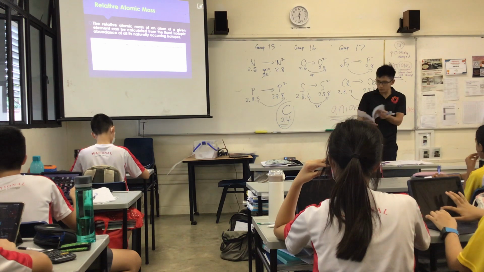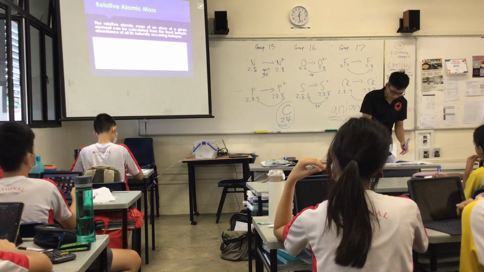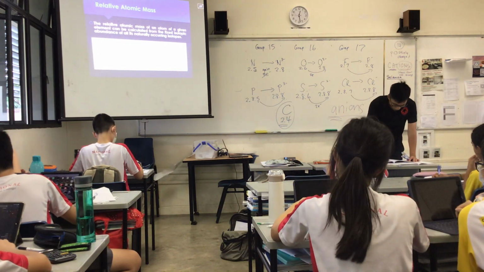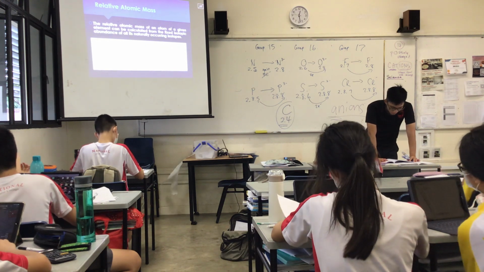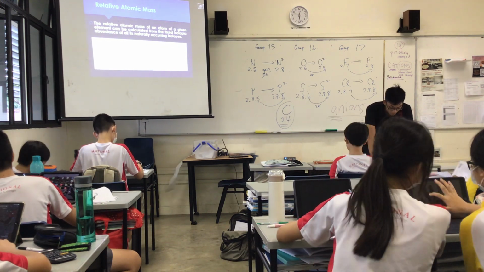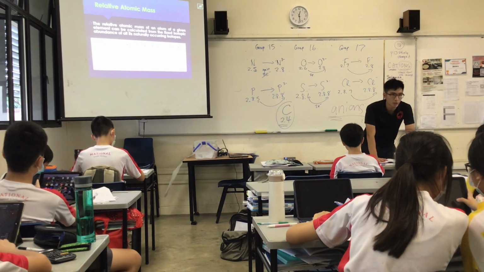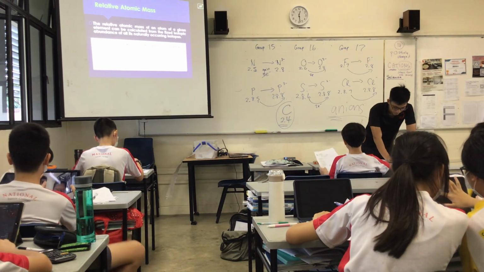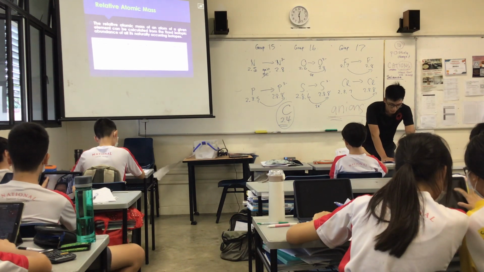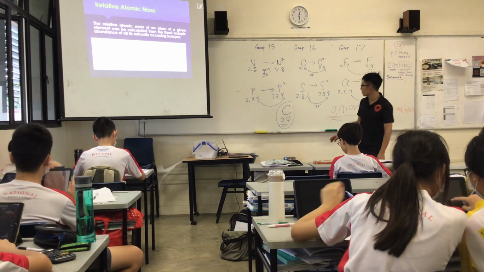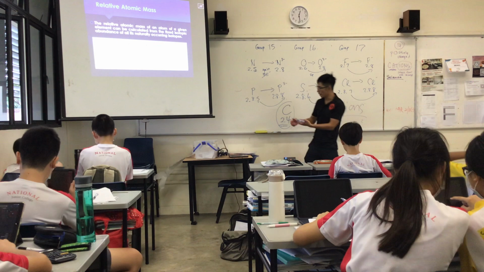To end up today, we are going to do the checkpoint. Look at checkpoint 4. Checkpoint 4 provides you with the number of the groups. Can you write down what the charge of the ion is? Those in group 1, what will the charge of the ion be? And so on.